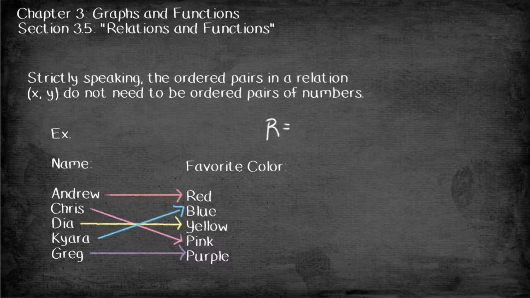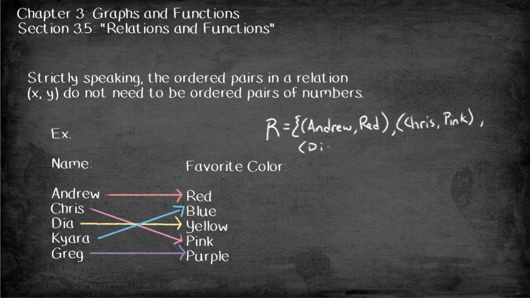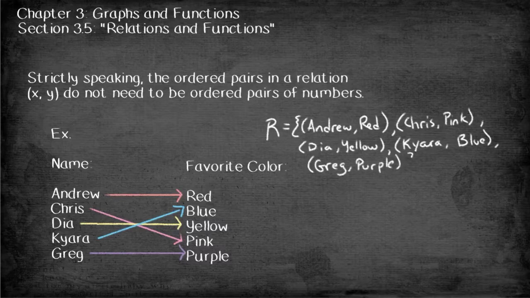So another way of writing this relation down would be the relation here, the set of ordered pairs, is exactly the same as the one modeled in the picture. They're just two different ways of writing the same thing.